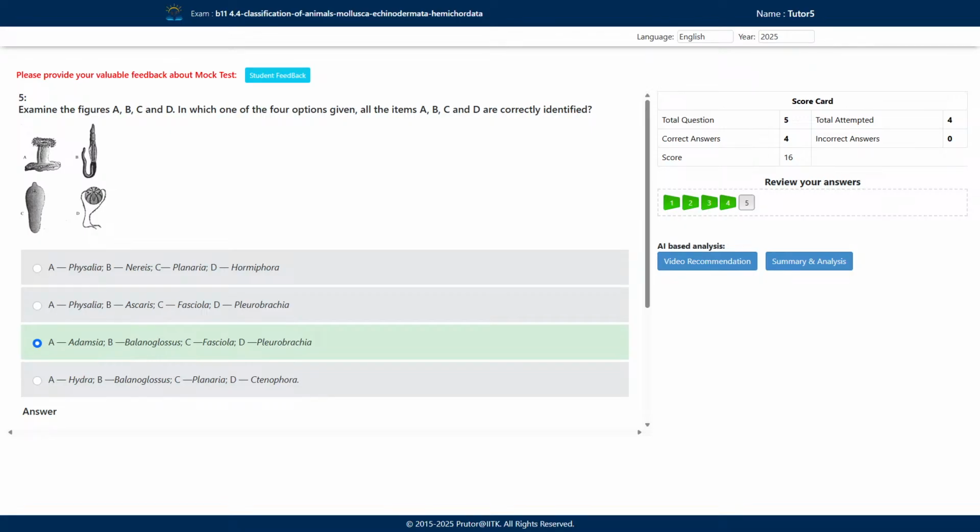The questions are coming and they are giving you the scientific name of the organism. So if you don't know the scientific name, you won't be able to answer that question. You should know the common name also. And obviously you should know the characteristic feature of each phylum. So you can make a note and write the characteristic features.